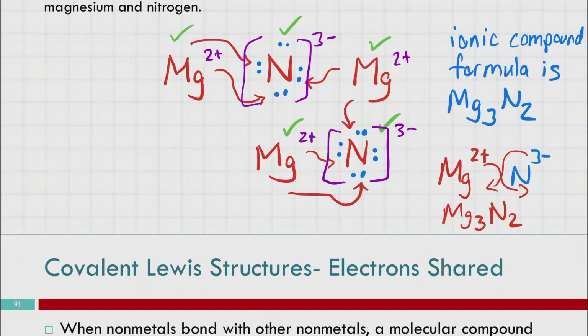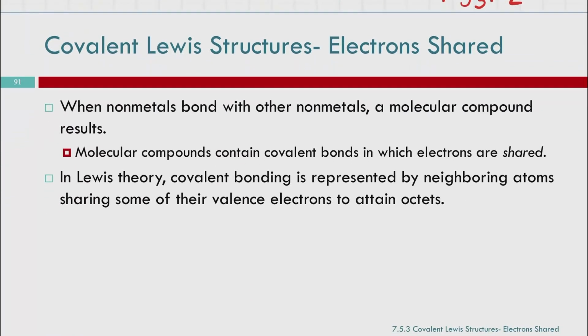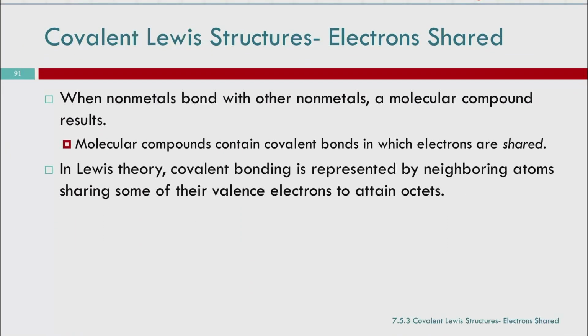All right, on to the arguably more important stuff, covalent Lewis structures, where we're sharing electrons. When nonmetals bond with other nonmetals, we get molecular compounds. So nonmetal plus nonmetal equals molecular compound.